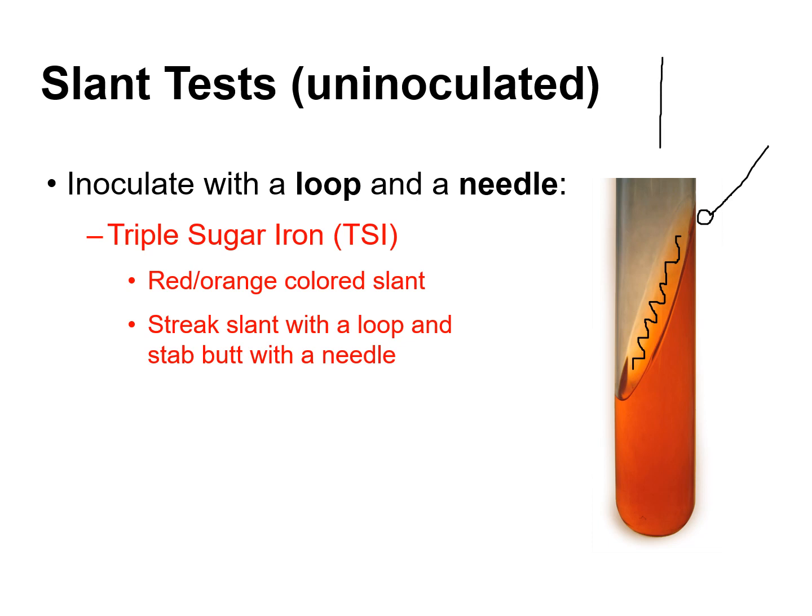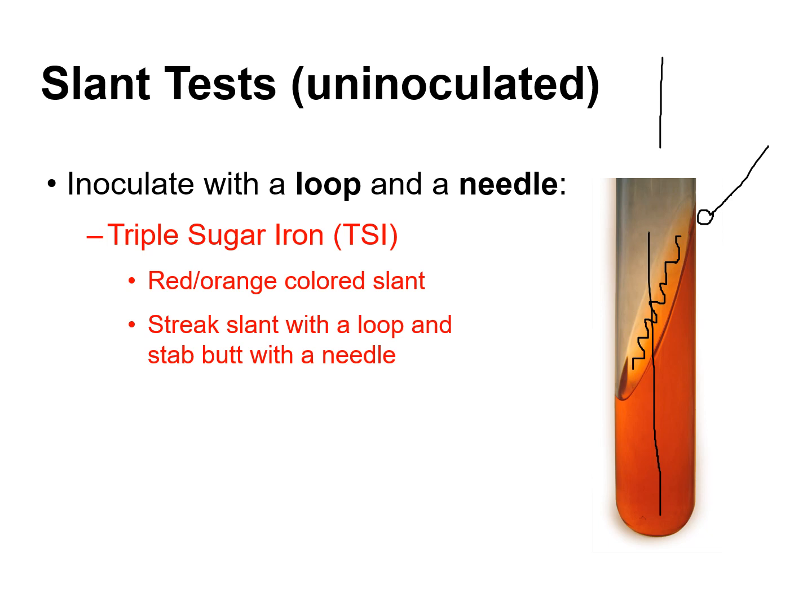So use the needle and you basically stab it. So we use 2 different tools with this: the loop to inoculate that slanted part, and then the needle to inoculate the deep part.